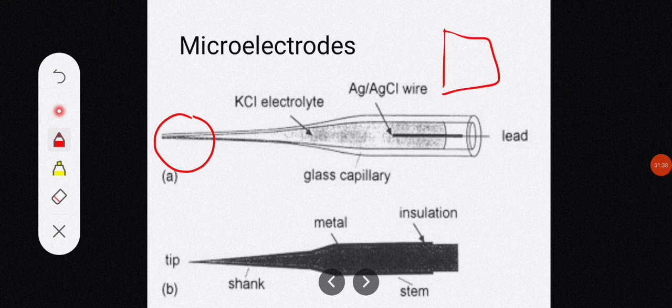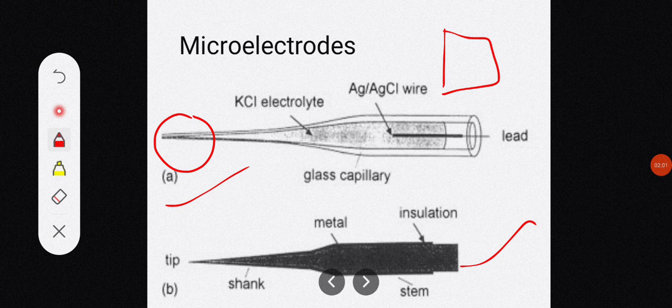The tip of the microelectrode should be small enough so that it can penetrate easily without damaging the body cell. These microelectrodes are of two types, metal and micropipette. This is the metal type, this is the micropipette type.